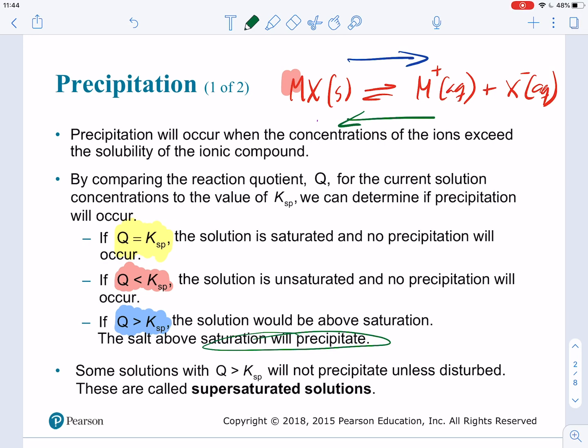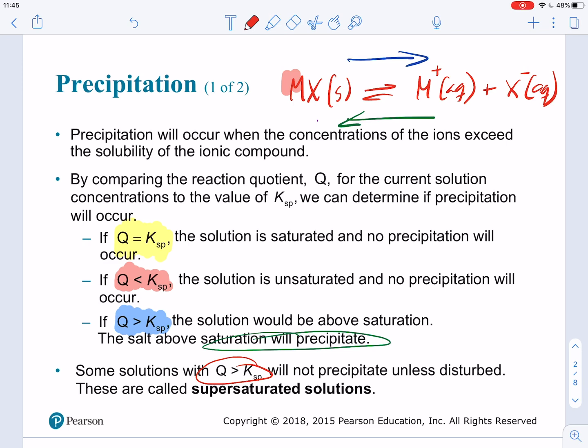And remember, for Q, you use any concentration that you are being given. You put it in the expression of KSP, but you are calculating Q because you are not using equilibrium concentrations. There is a special case where Q is larger than KSP but there is no precipitation unless disturbed. Those are called supersaturated solutions, but we are not going to mess with that in this case.